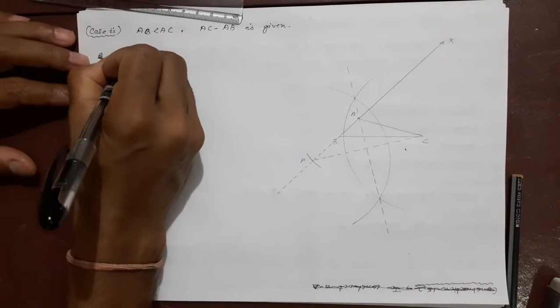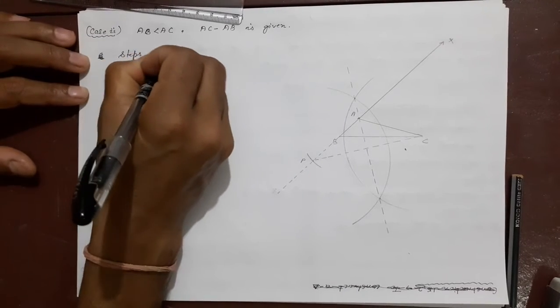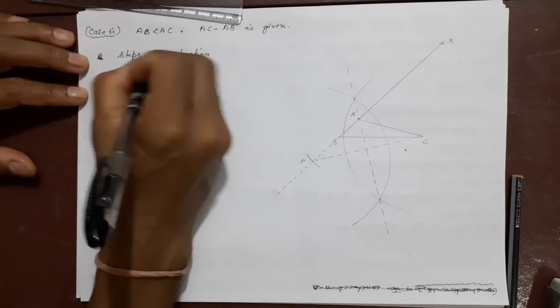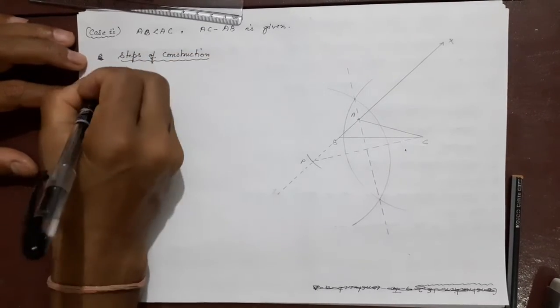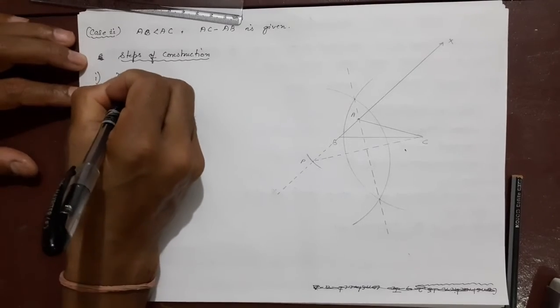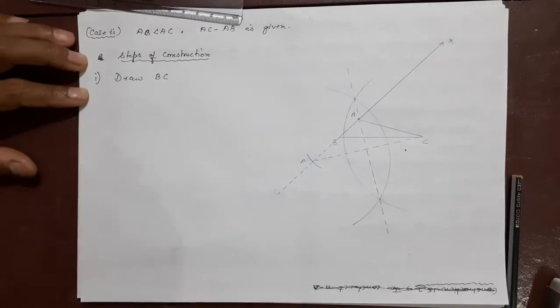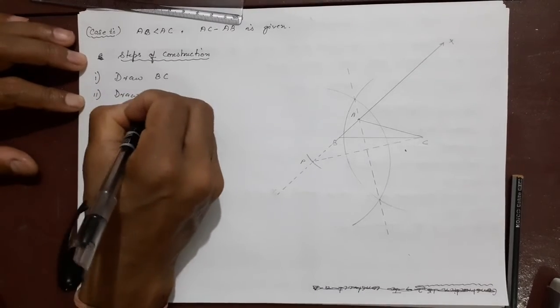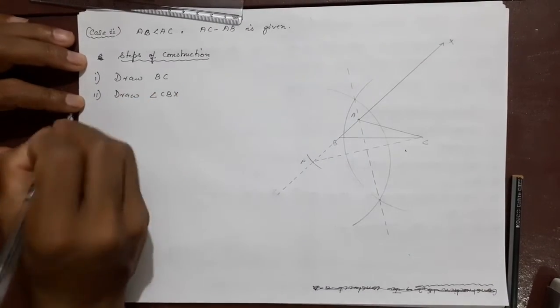Now the steps of construction. What you did first, remember, first we drew BC equal to whatever is given. Number 2, construct angle CBX equal to whatever it is.